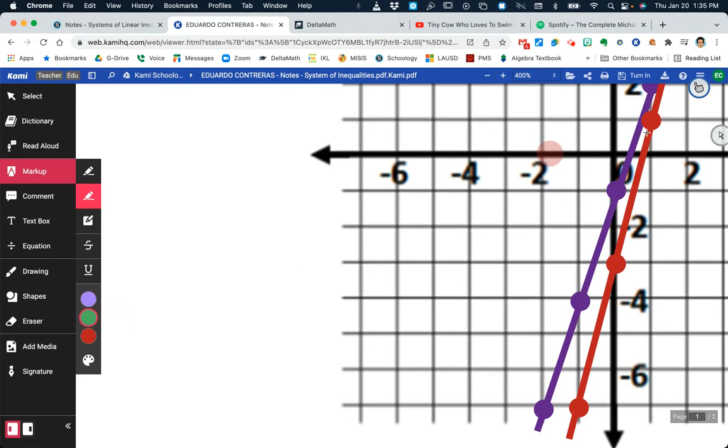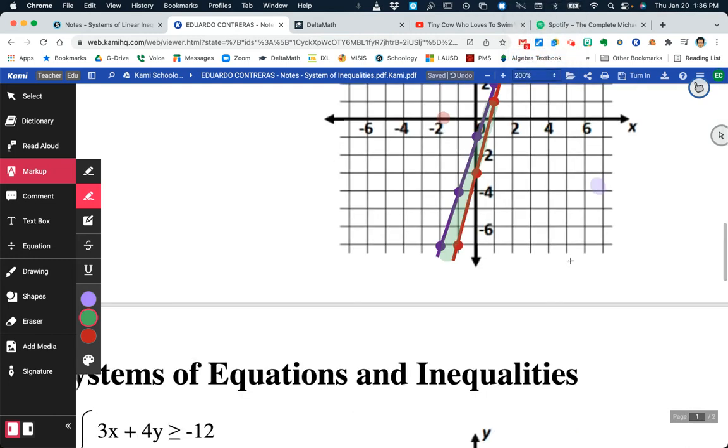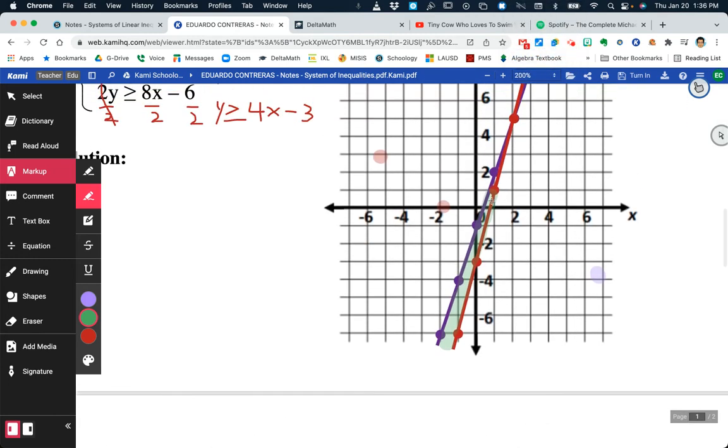I'll pick a green. The only part that gets shaded is that part. These are the solutions. Okay?